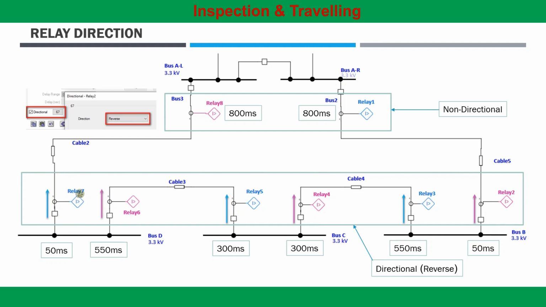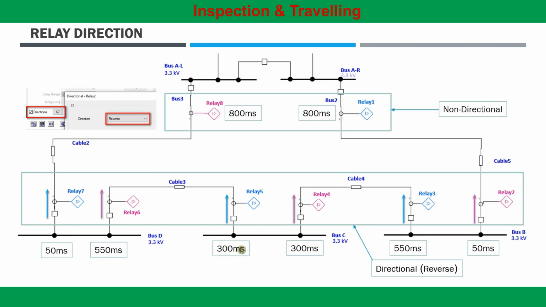For the ring main system, the relays labeled in blue are coordinated with a coordination time interval of 250 millisecond. Relay 7 is set to operate at 50 millisecond. Relay 5 is set to operate at 300 millisecond, which is 50 plus 250.